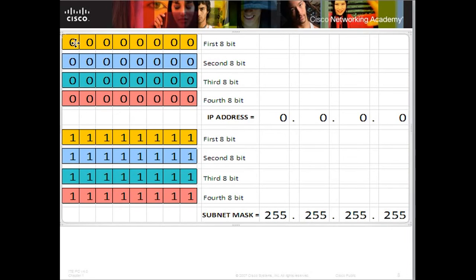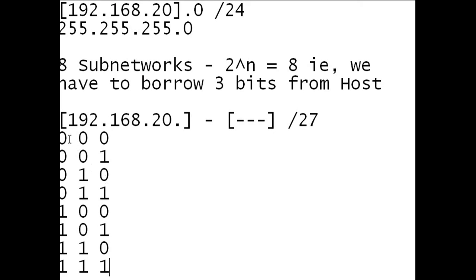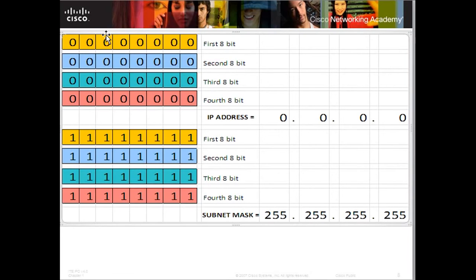I will be setting, after 192.168.20, the first 3 bits once as 000, 001, 010, 011, 100, 101, 110 and 111. So let's start calculating this.